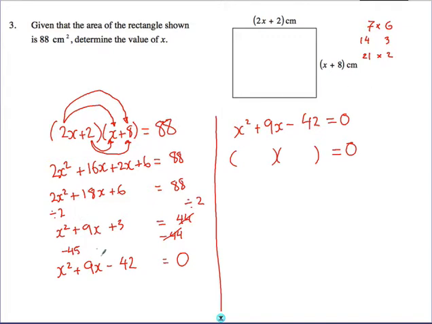Maybe I've made a mistake somewhere. Doesn't seem like it. Nope. 6 and 7, 42, 12, 14 and 3.